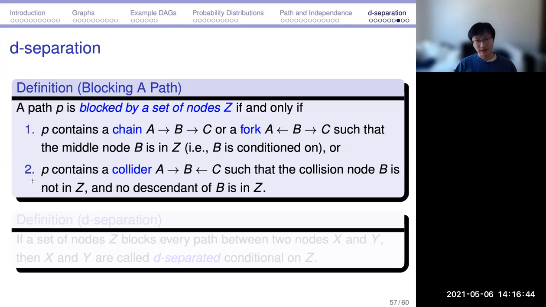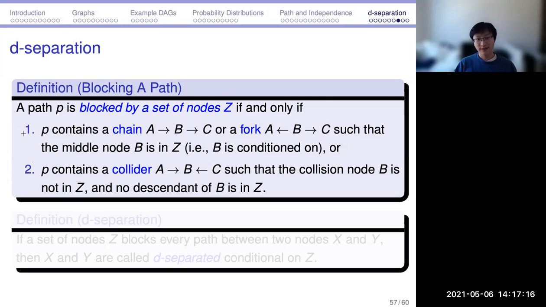The second condition is that P contains a collider, here B is the collider, such that the collider B is not in Z. In other words, we are not conditioning on the collider inside the path. And no descendants of B is in Z. So we are also not conditioning on any descendant of the collider with respect to this path.